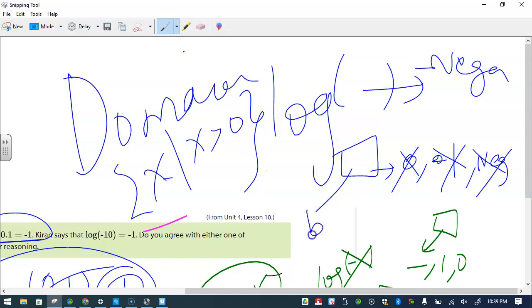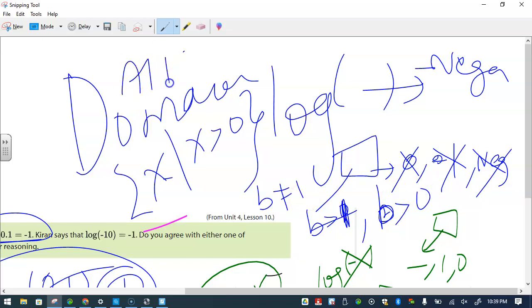And the base b should not be 1, and b should be greater than 0. That's all it is. So hope that helps. All the best. Done.